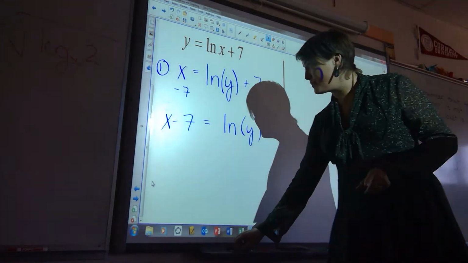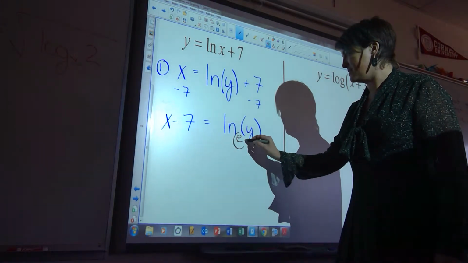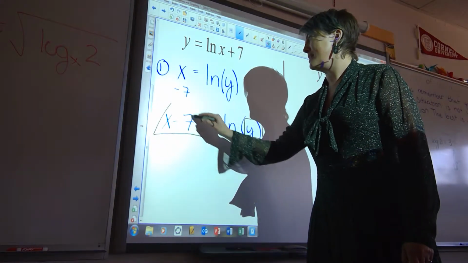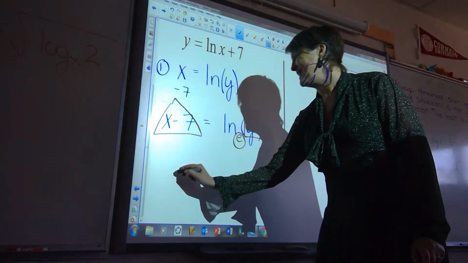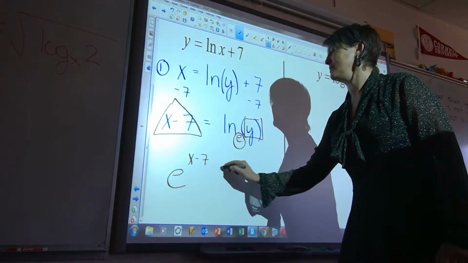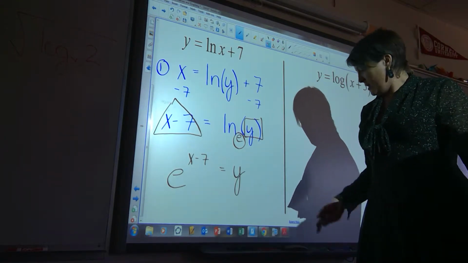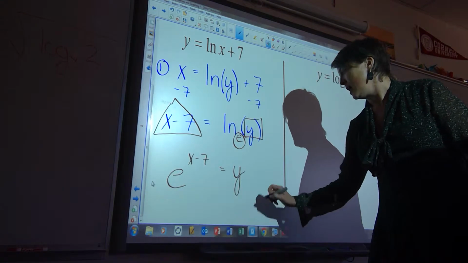And now I'm ready to rewrite this. Here's one part. Okay, so the e is one part, the y is one part, and the x minus 7 is one part. So this would end up being e to the power of x minus 7 is equal to y. Then when I go and do my domain and range, let's see here.